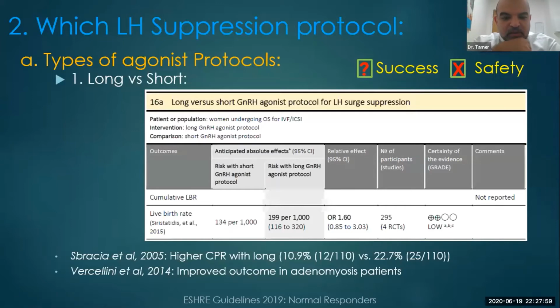And this group, I think in Italy, of course, said that the improved outcome is very clear in adenomyosis patients. And that's why I think the ESHRE concluded that it would be best to prefer the long agonist. If you are going for an agonist, then you prefer the long agonist.